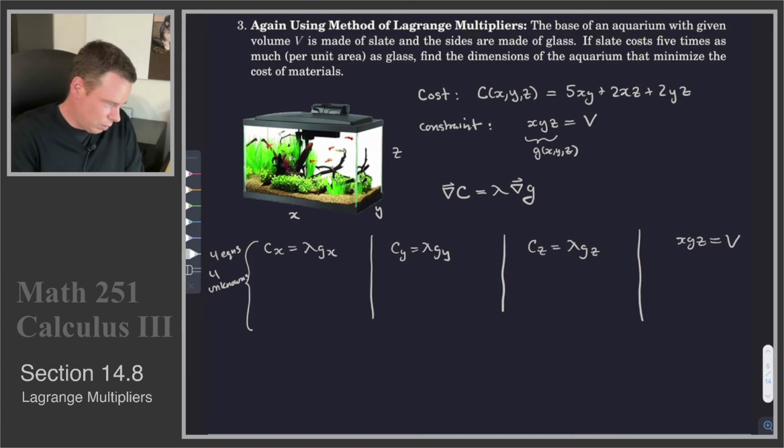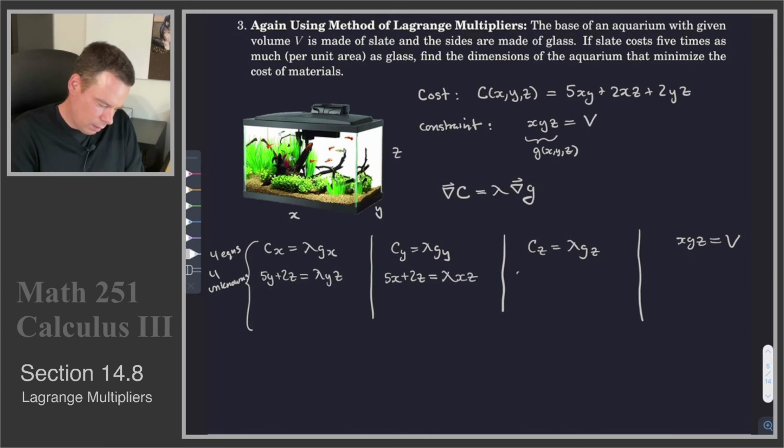What are our equations in this case? C sub x, so the derivative of c with respect to x, is 5y plus 2z, equal to lambda times g sub x, so that's lambda yz. C sub y is 5x plus 2z, equal to lambda g sub y, that's lambda xz.